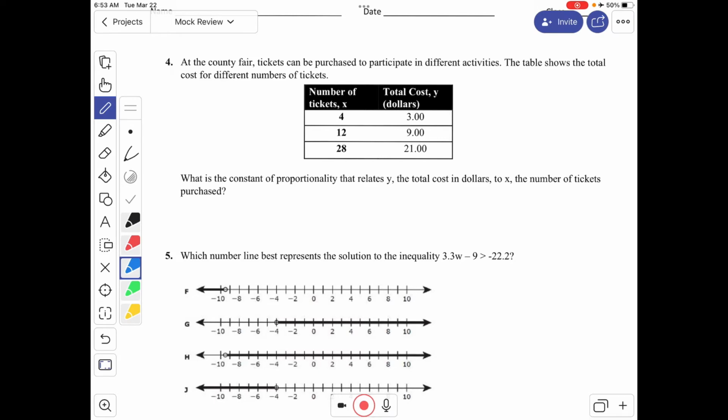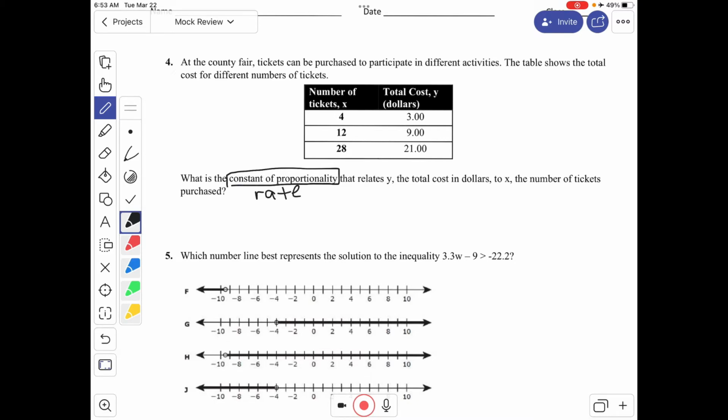Number 4. At the county fair, tickets can be purchased to participate in different activities. The table shows the total cost for different numbers of tickets. Which is the constant of proportionality that relates Y, the cost in dollars, to X, the number of tickets? Constant of proportionality is also called rate.